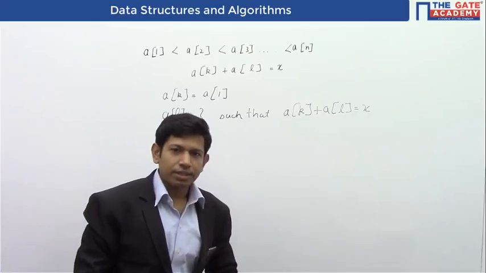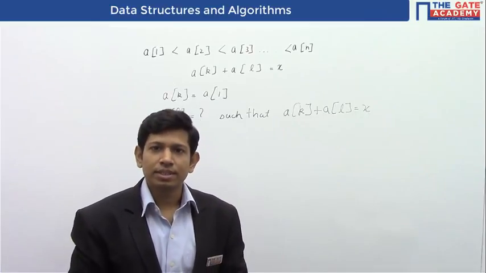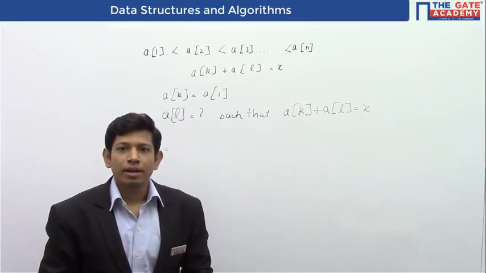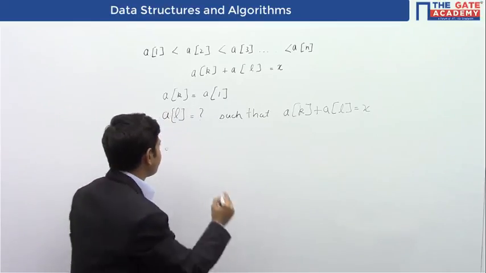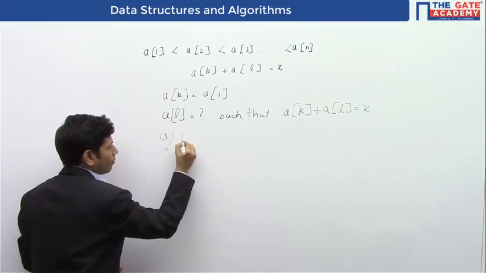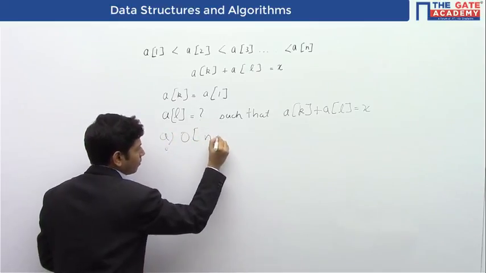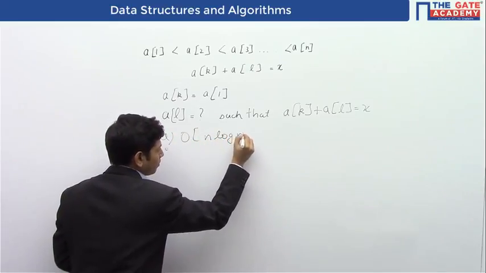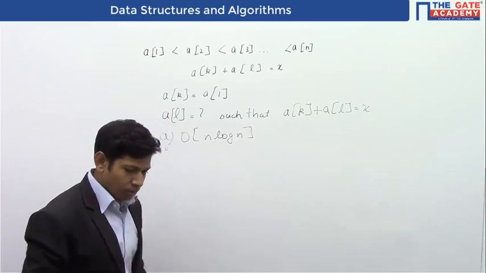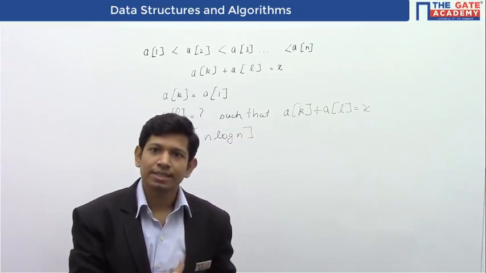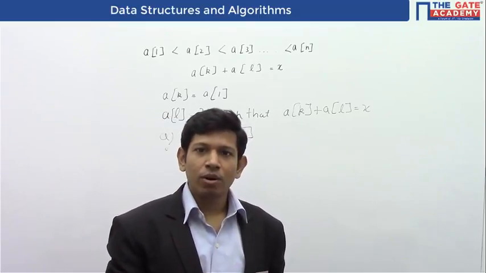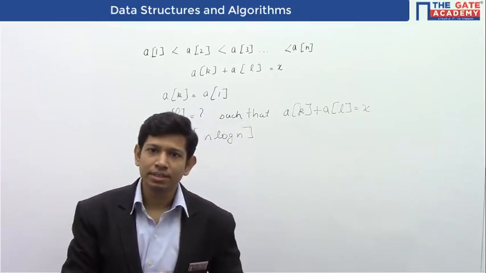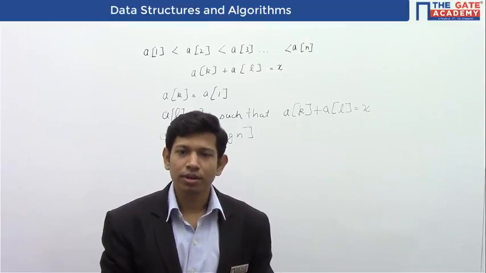Now, in the first part, they are asking us to design an order of n log n algorithm for this problem. The moment you see that they are asking for an n log n algorithm, what comes to your mind is n log n searching and sorting methods, divide and conquer, merge sort, quick sort.